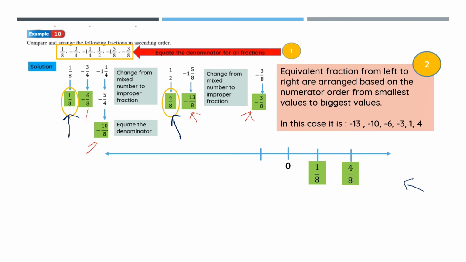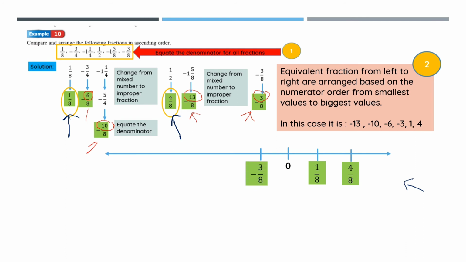We shall arrange the numerator order from smallest values to biggest values. So we look at the numerator. 3 is the numerator, 13 is numerator, 6 is numerator, and 10 is numerator. All are negative fractions.